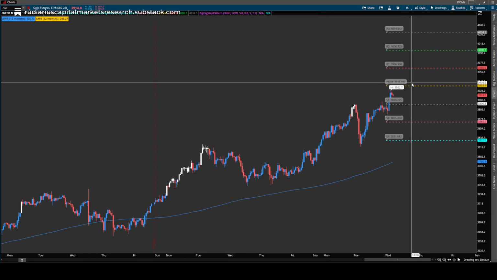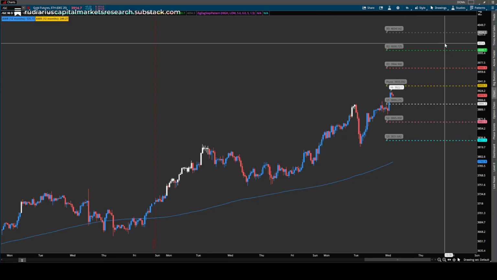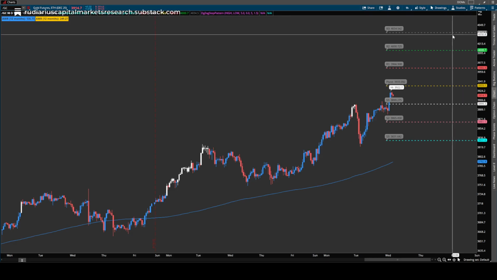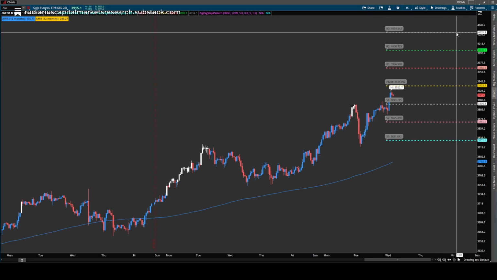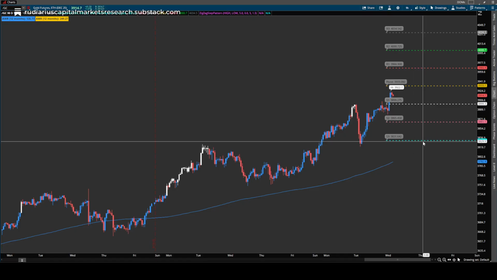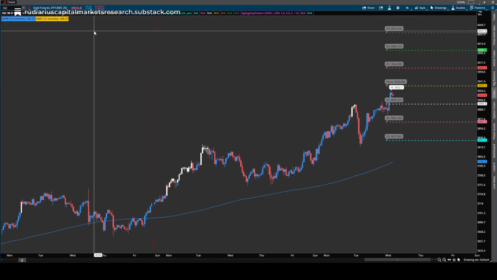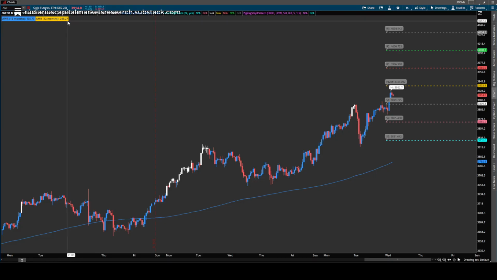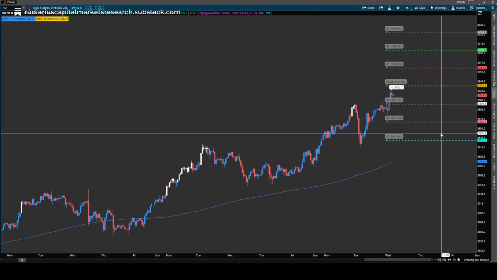It's just saying that that's where we need to clear to extend higher. Your third resistance at 40.34, third support at 38.31. So that looks like a range of about 249 handles. Again, all this is going to be printed below.